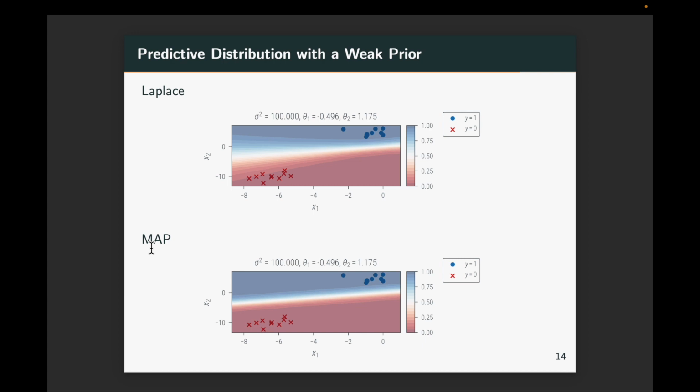Whereas for the first one, we have used the Laplace approximation, and then we have taken the predictive distribution using Monte Carlo sampling. So we'll get the predictive distributions to be something like the following.